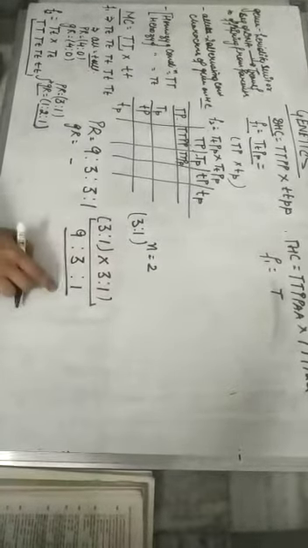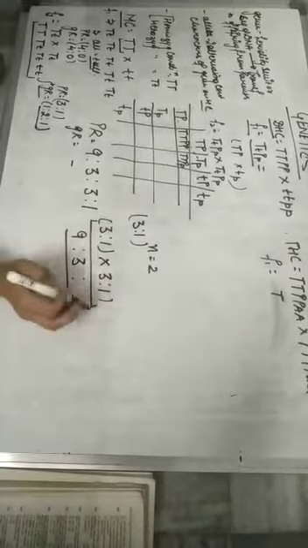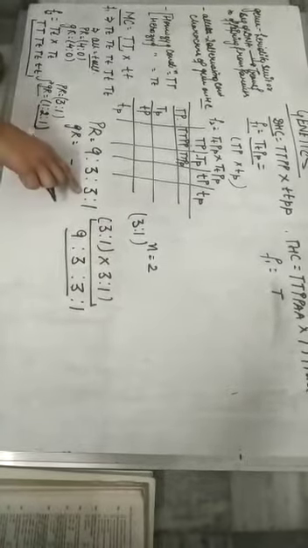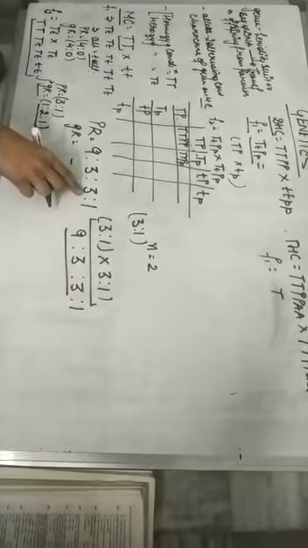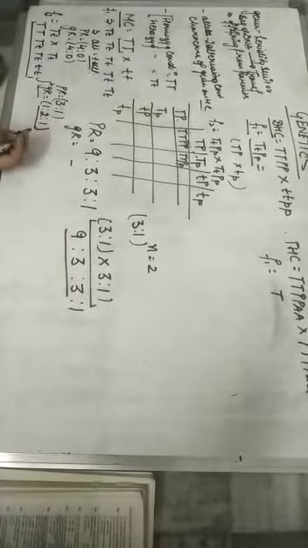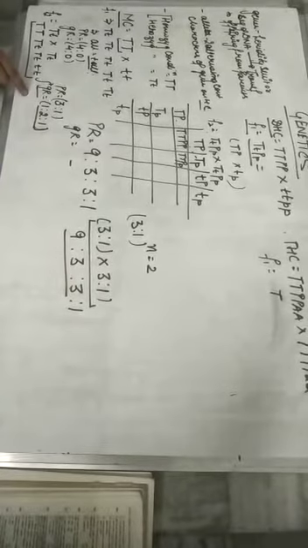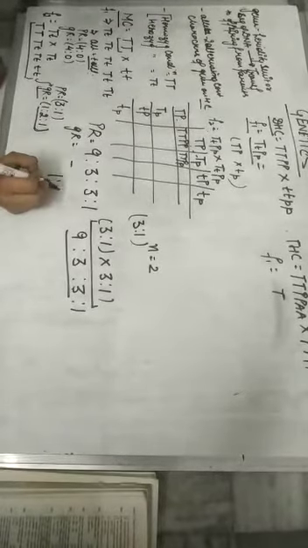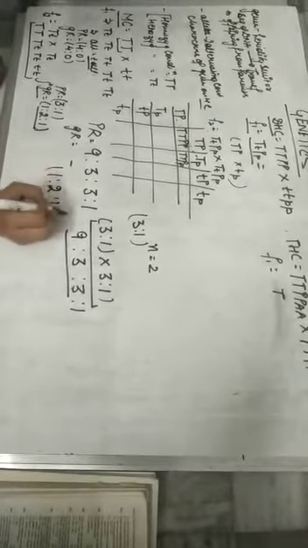The answer is 9:3:3:1, which is the same as the phenotypic ratio in the dihybrid cross. For the genotypic ratio, which we get in the monohybrid cross and which I told you to remember, we take (1:2:1) raised to the power n. In the dihybrid cross, n is equal to 2.